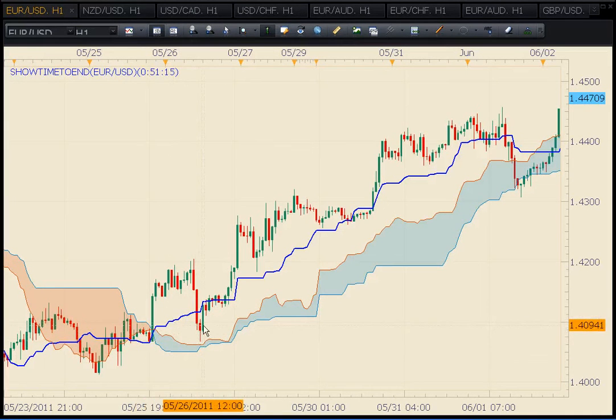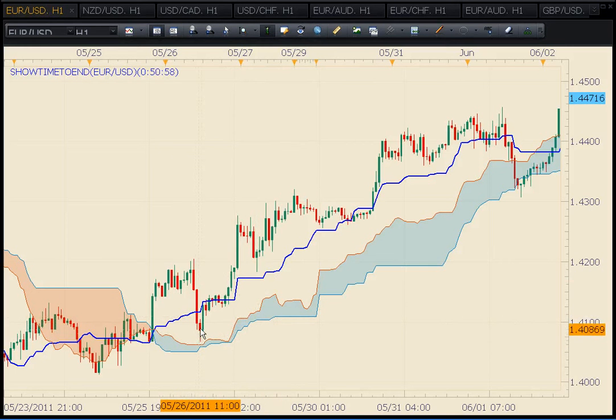Whenever you have price above this cloud, then you're looking to go long. So right now we're below the Kijun. Price is below the Kijun, but we're bullish because we're above the cloud, as usual, normal.